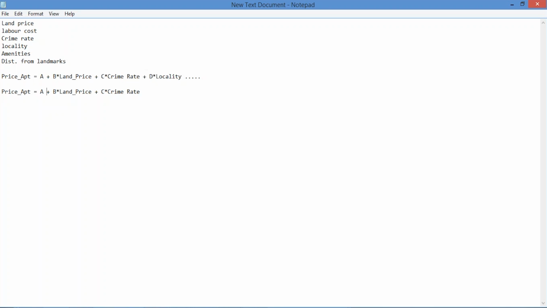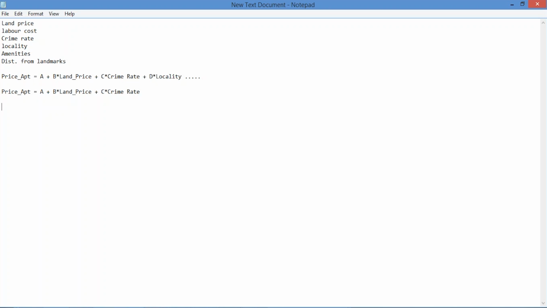So land price and crime rate are independent variables. B and C are coefficients. Price of the apartment is a dependent variable. Now you are pretty clear, correct? Now what is A here? Any guesses, friends?